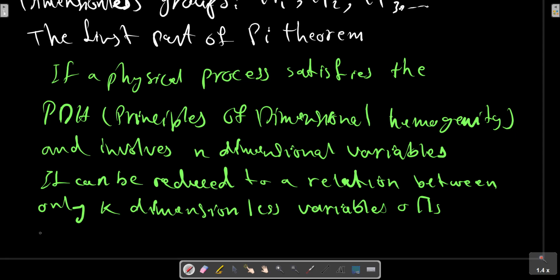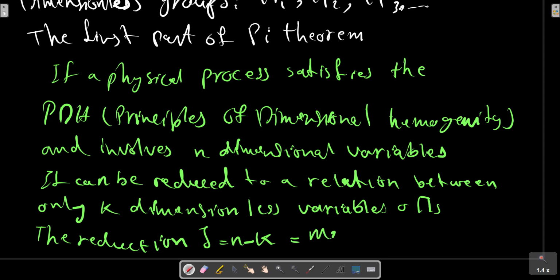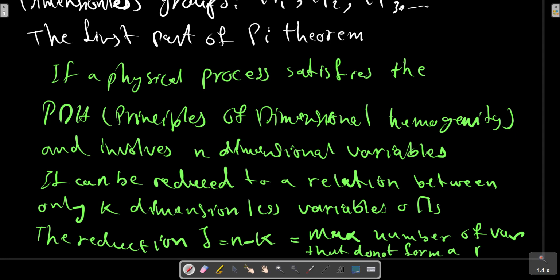So let me write the reduction: n minus k equals the maximum number of variables that do not form a pi, and is always less than or equal to the number of dimensions.